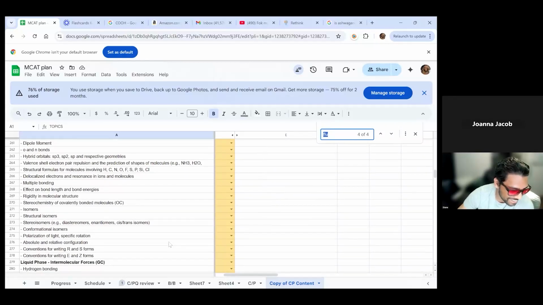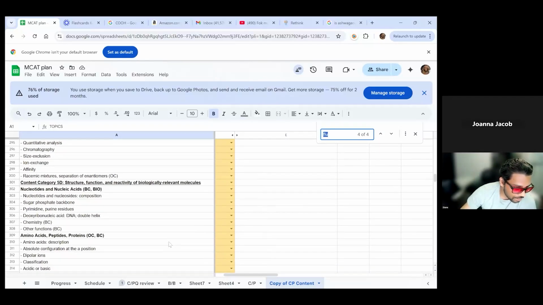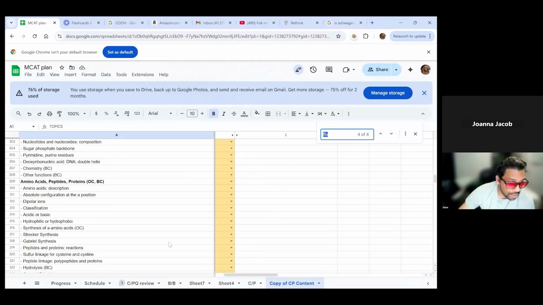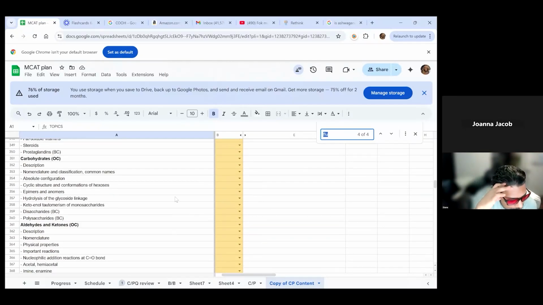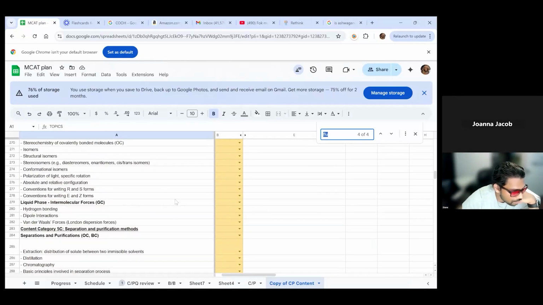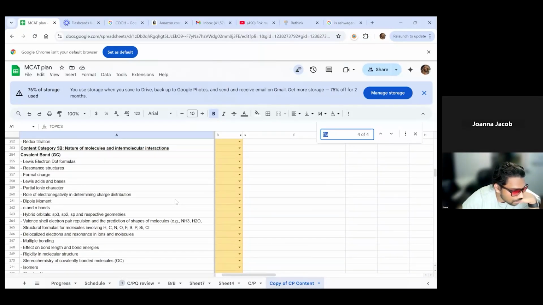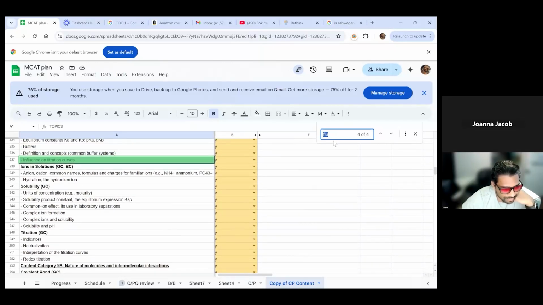But I get what you're trying to say, like highlight them and review them over. Oh wait, this is Chemistry, oh CP. Sorry, okay, type in photon.